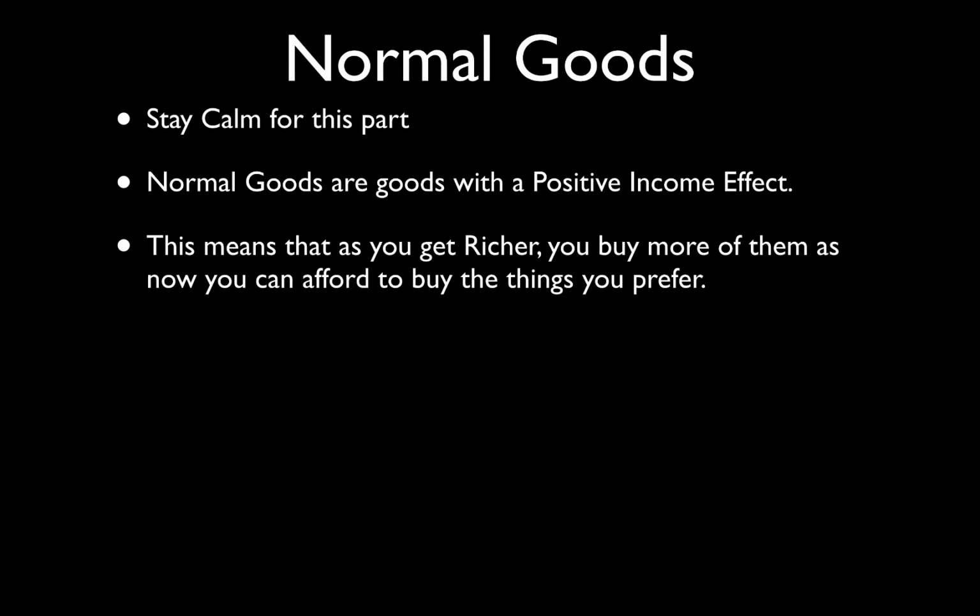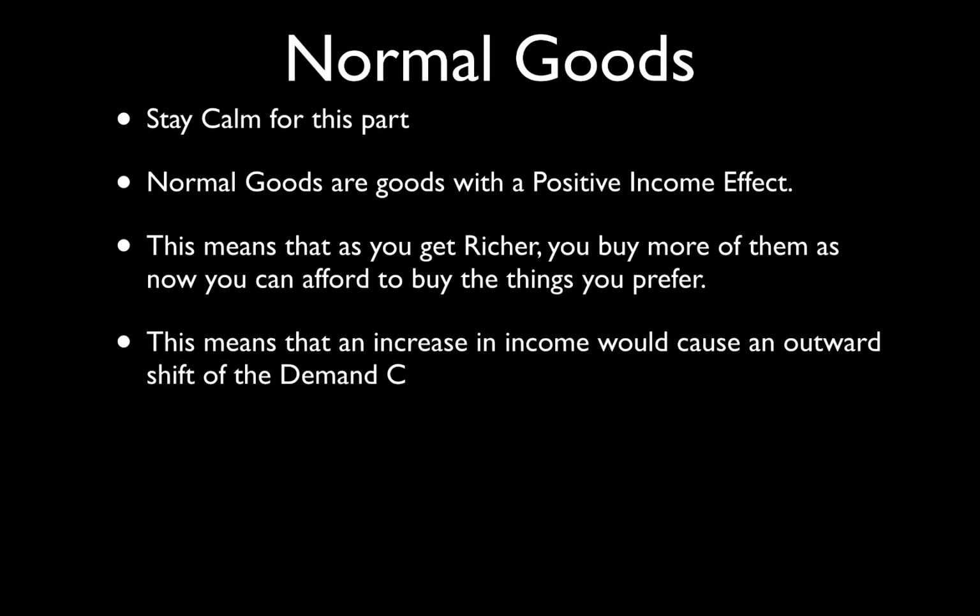The reason is because as you get richer, you can buy more of the things that you want. You can buy more of the things that you wanted to buy but were not in a position to afford, and therefore you couldn't buy them. But now, following getting a new job or a raise in your job, you have a high enough income in order to afford these goods, and as such you can buy them. So you do buy them because you wanted to.